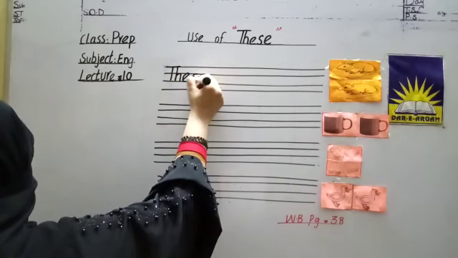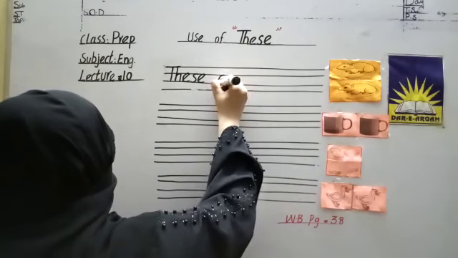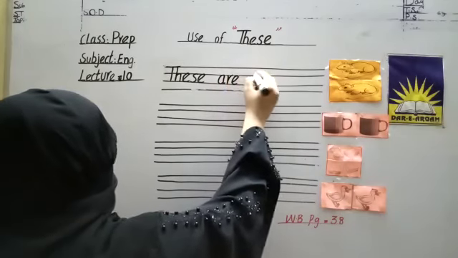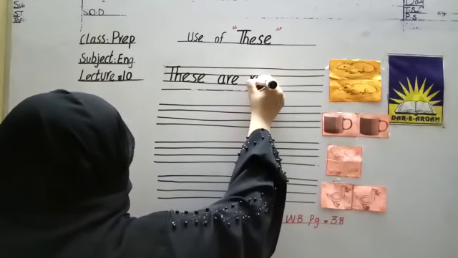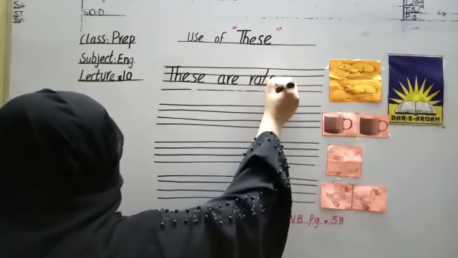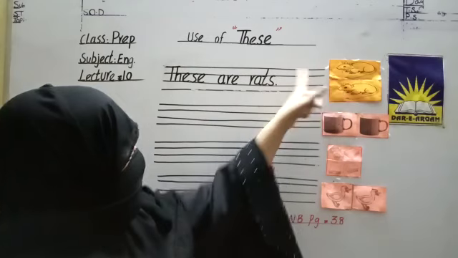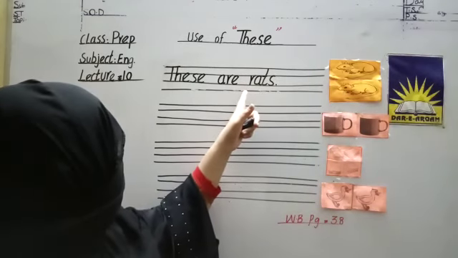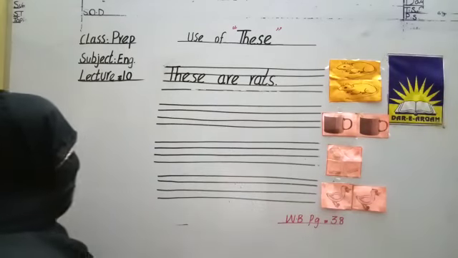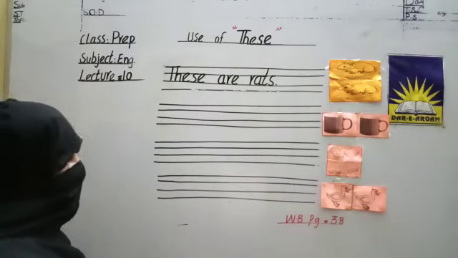These are rats. Because there are 2 rats and rats are plural, so we write here the word these. These are rats.